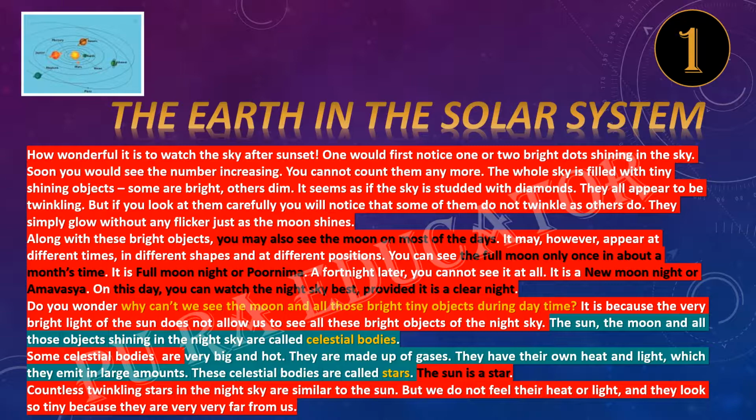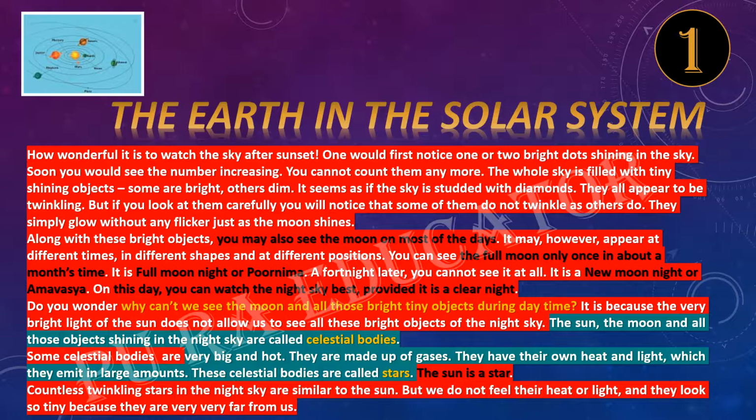Due to its rays, it is bright light, so we cannot see the moon and all other objects which shine in the night. The objects which are seen in the heaven or in the sky are known as celestial bodies or heavenly bodies.